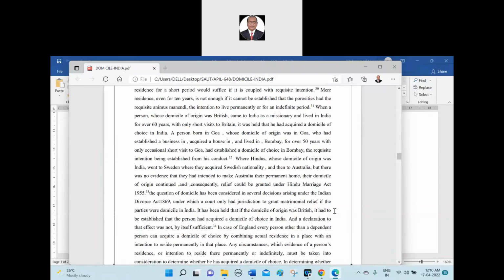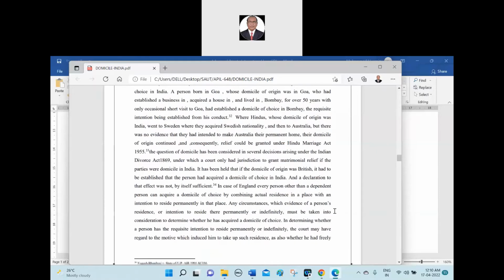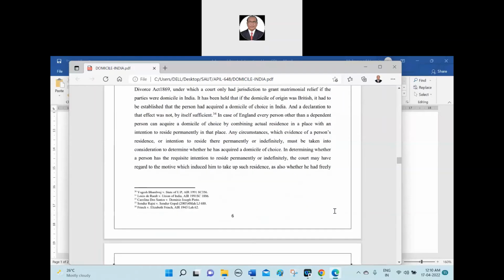What I want to say is very clear here. If your intention is to stay in a particular place permanently, then you can acquire the domicile of choice. At that instance, the domicile of origin will automatically be extinguished. That's what I want to say here.